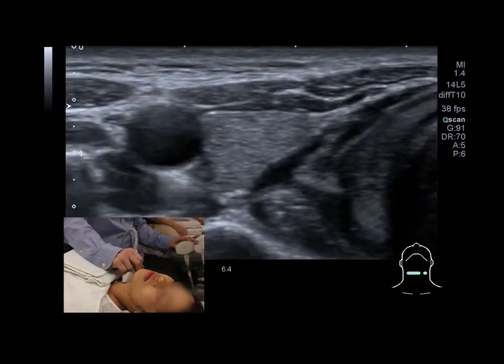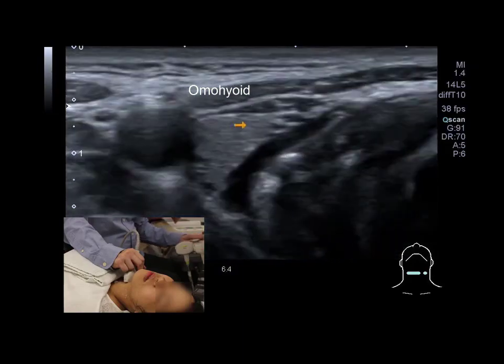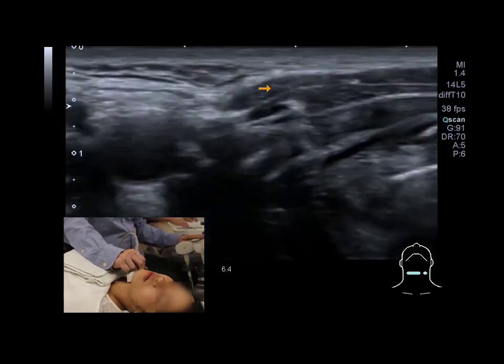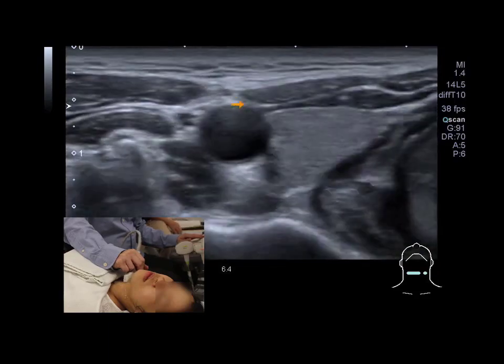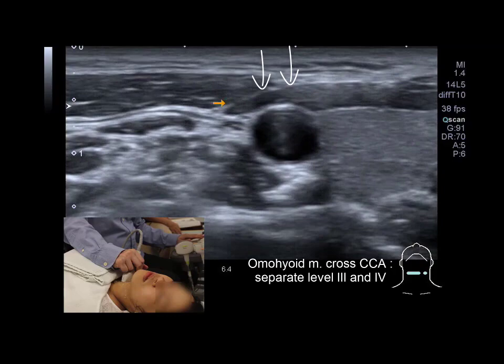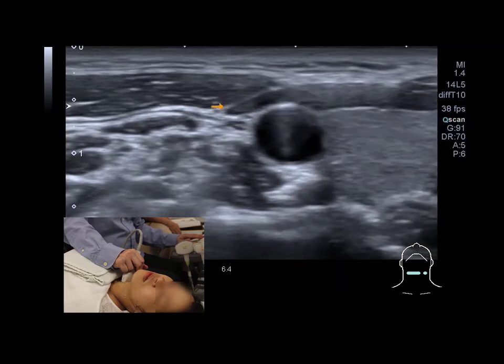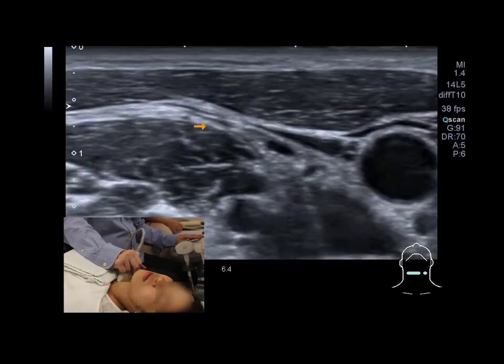Okay, next we're gonna demonstrate omohyoid. Omohyoid is located superficial and more lateral to the other strap muscles. When it moves down, it will cross the common carotid artery. At this point is the level that we separate the third and fourth level of the neck, and we go up and down.